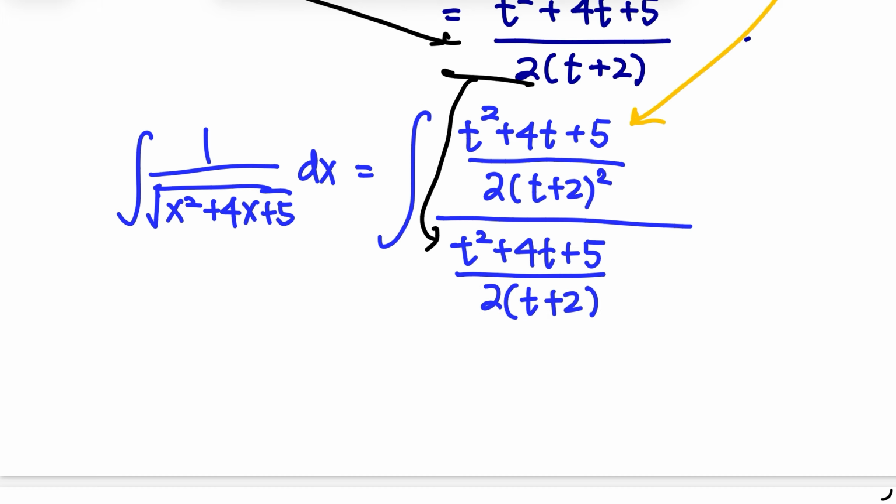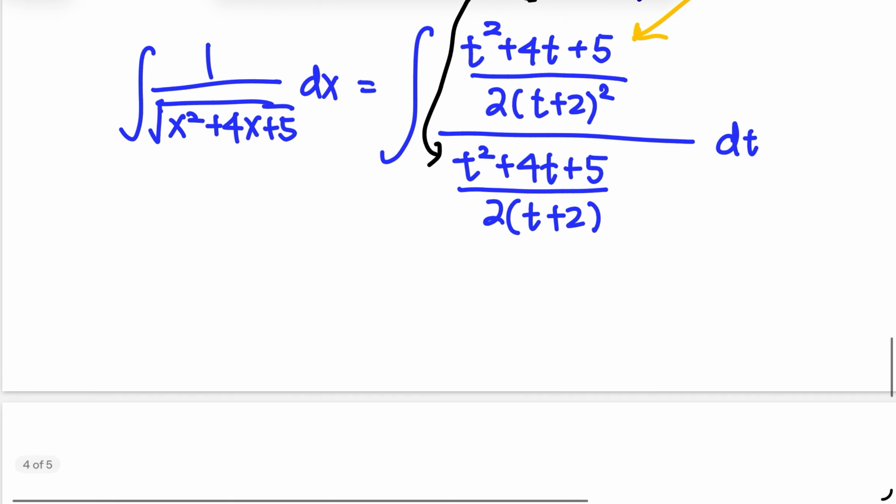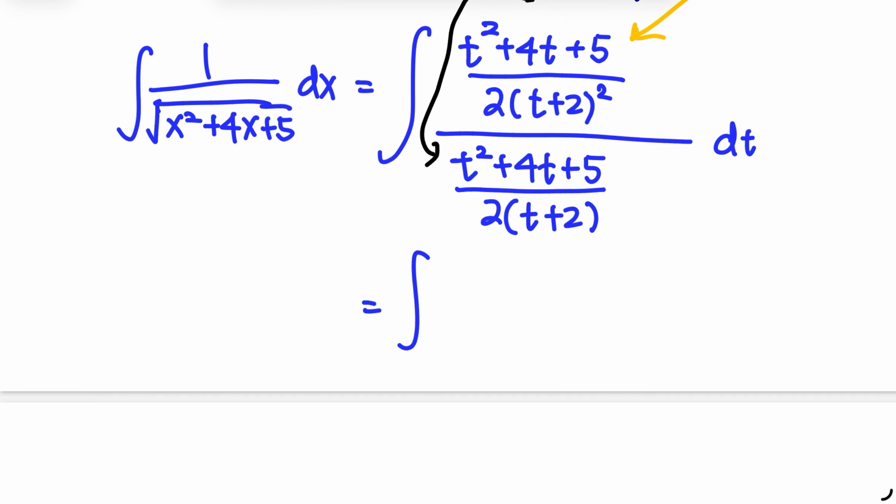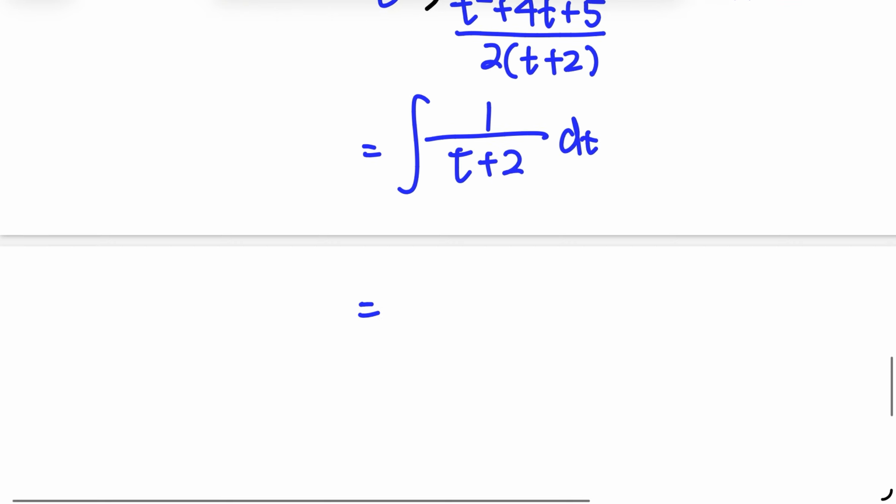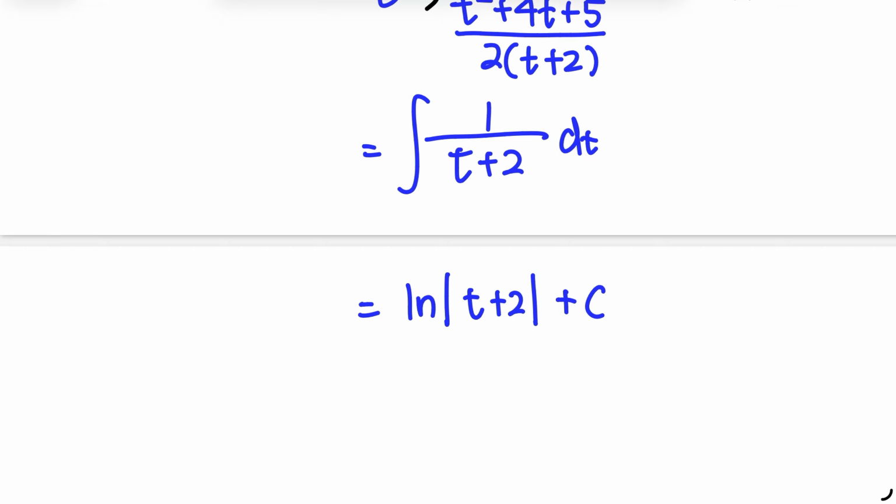Oh my god, this is a handful, right? But what do you notice? It nicely cancels out. It just becomes 1 over t plus 2. Isn't this so much easier to solve? And this is a standard integral, ln of t plus 2 plus c.